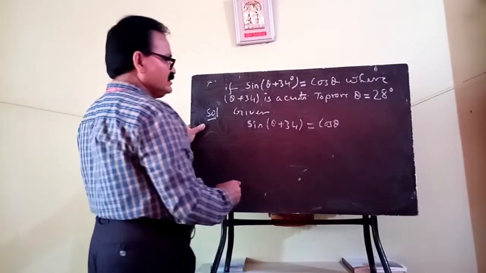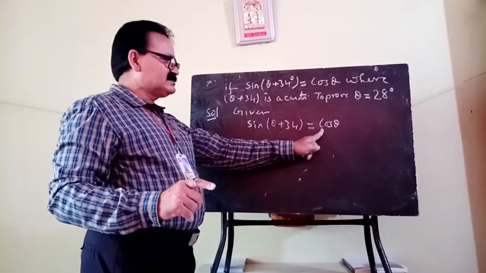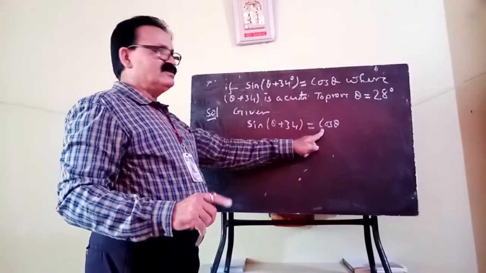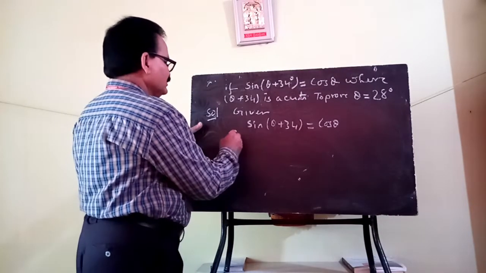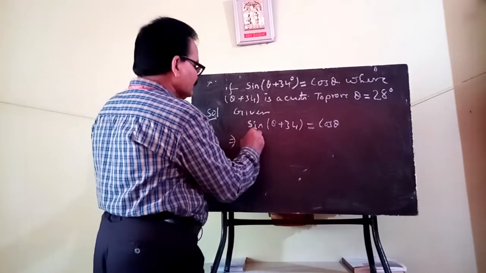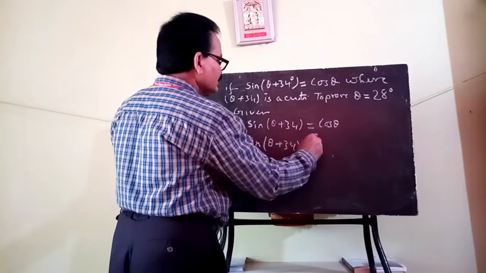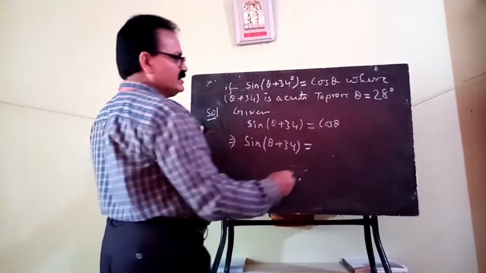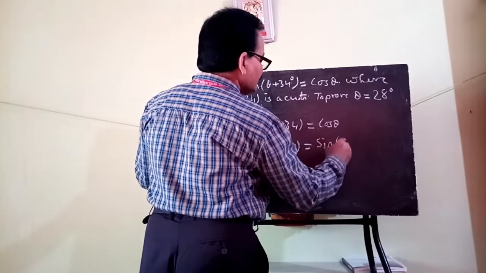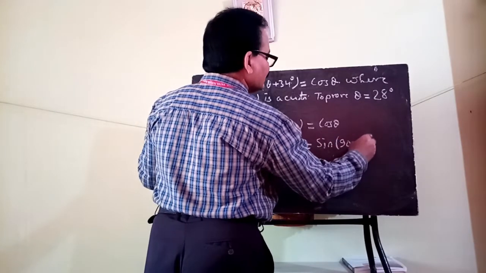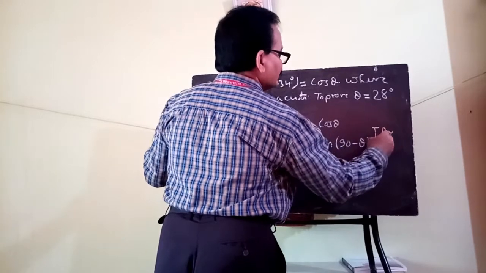Okay, so you can replace this cos theta, using the complementary relation, in terms of sin. So in sin of theta plus 34, instead of cos theta we can write sin of 90 minus theta, by using the complementary relation.